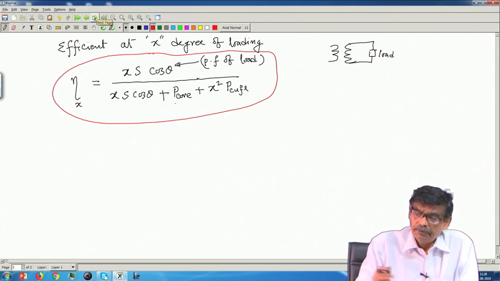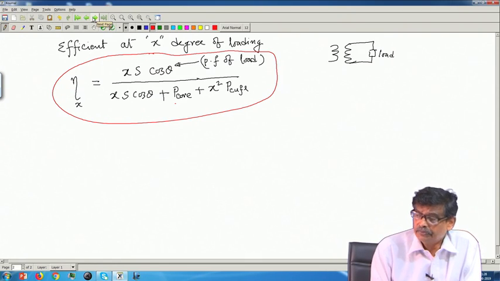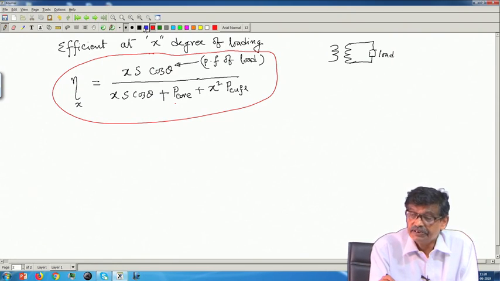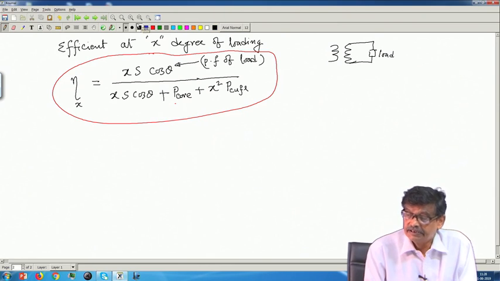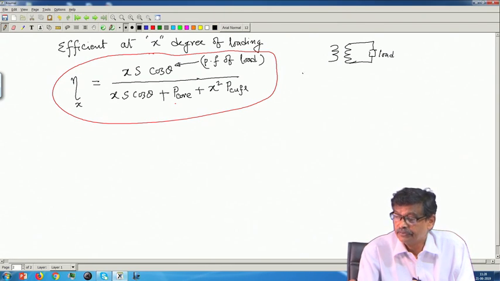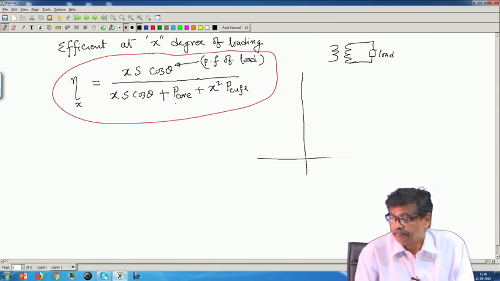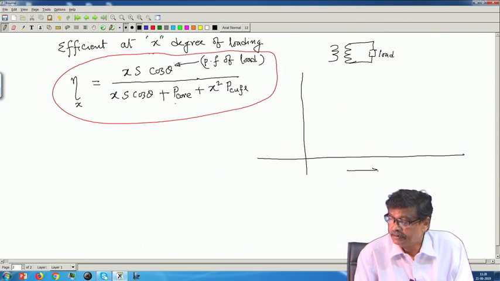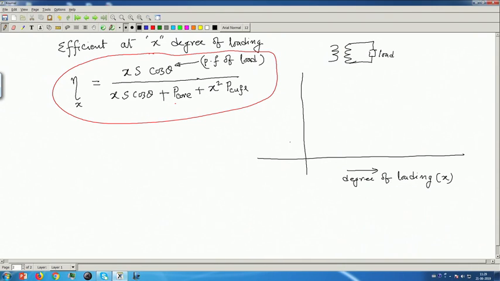Suppose I want to sketch the efficiency versus degree of loading. Here I will write the degree of loading, that is x, and here I will plot the efficiency, how it changes as you change x.